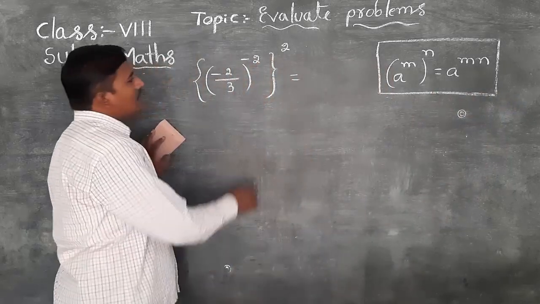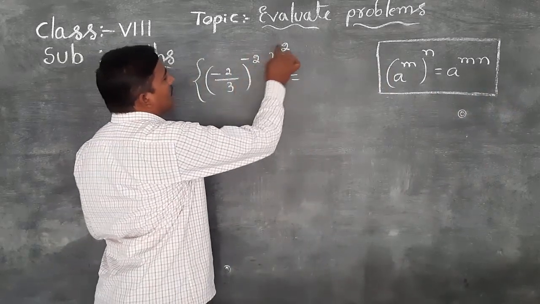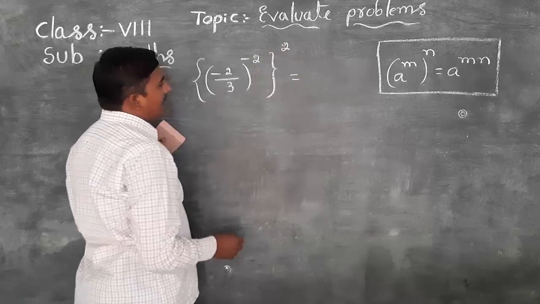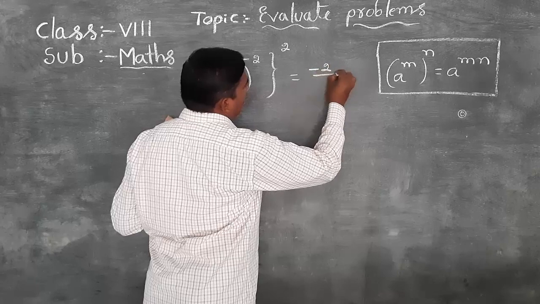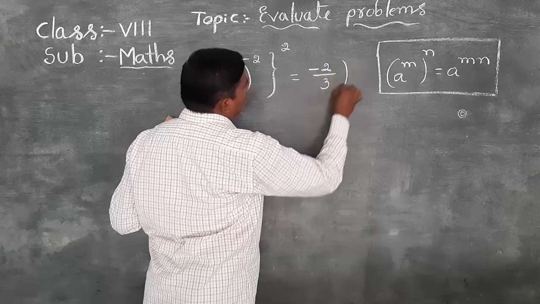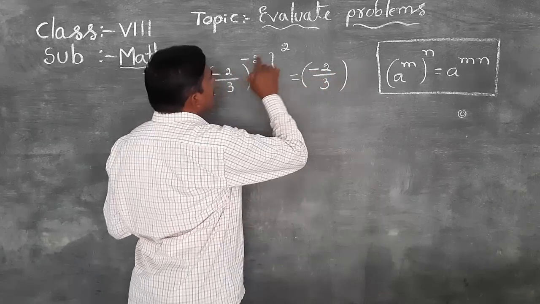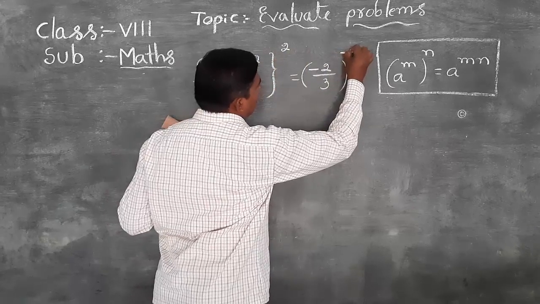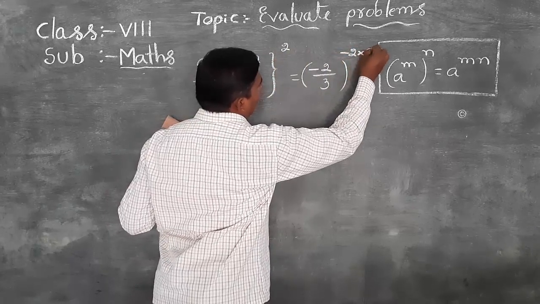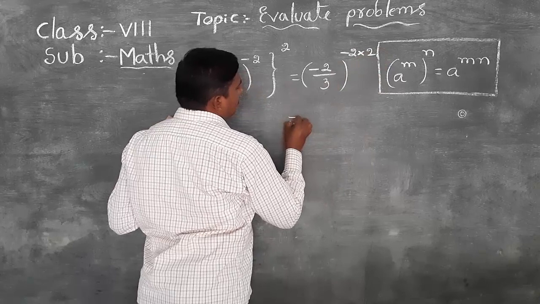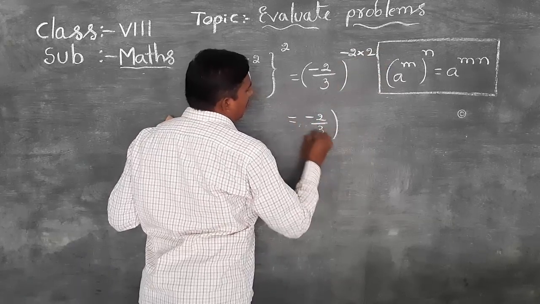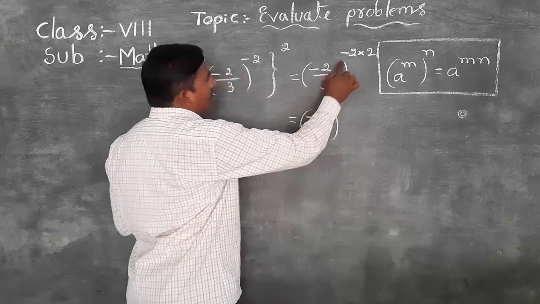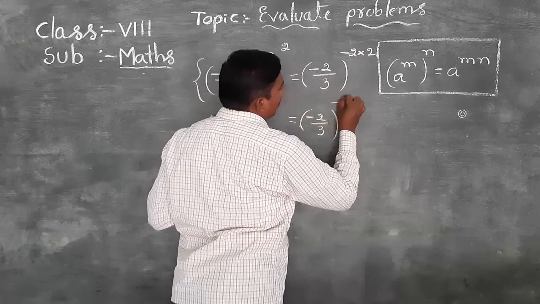It means the powers should be multiplied. So (minus 2 by 3) power minus 2 into 2 is equal to (minus 2 by 3) power minus 4.